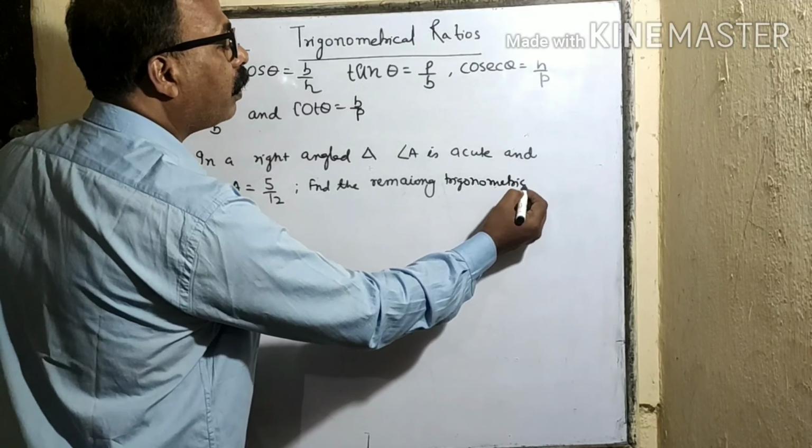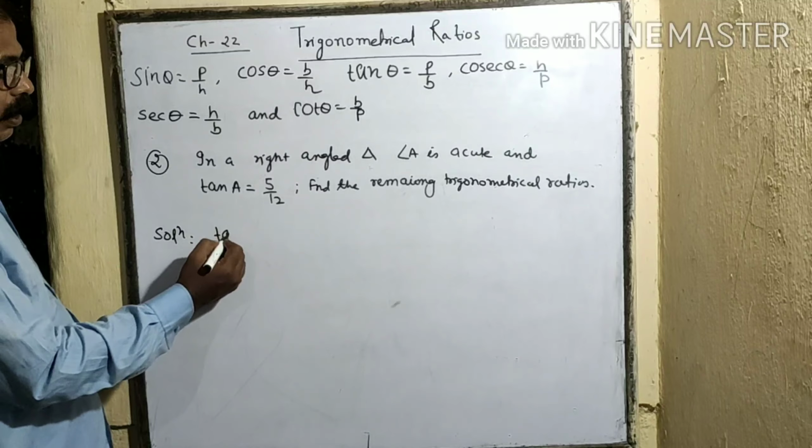This means sin A, cos A, cosec A, sec A, cot A, and these values you have to find out. So write the solution, and write tan A.